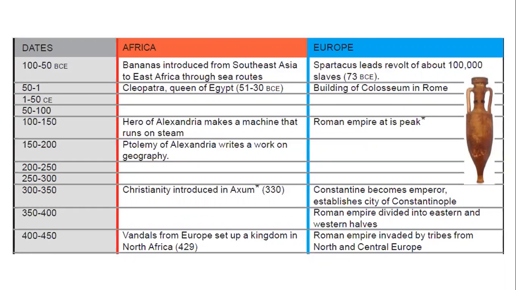In Europe, we saw that Spartacus leads a revolt of about 100,000 slaves. Then there is the building of the Colosseum in Rome. And then the Roman Empire was at its peak in 100 to 150.